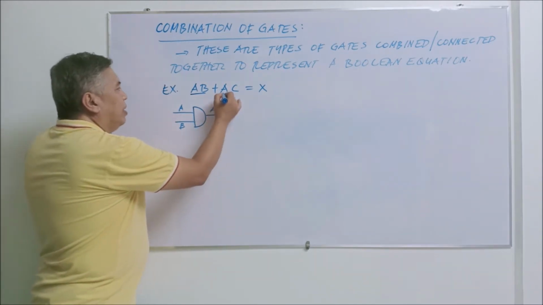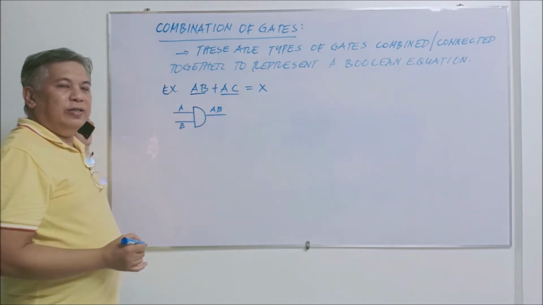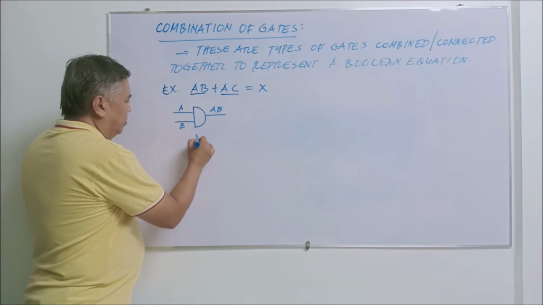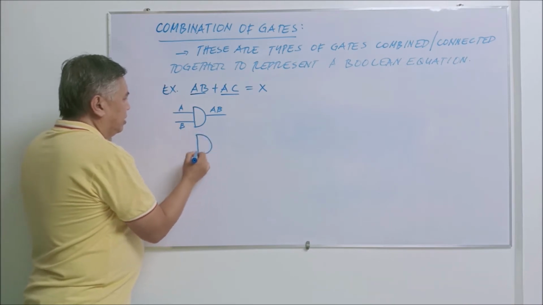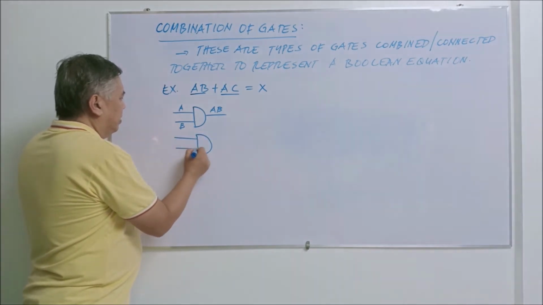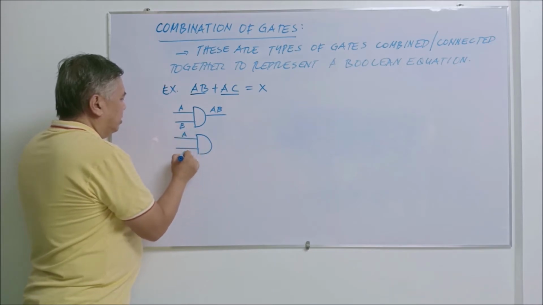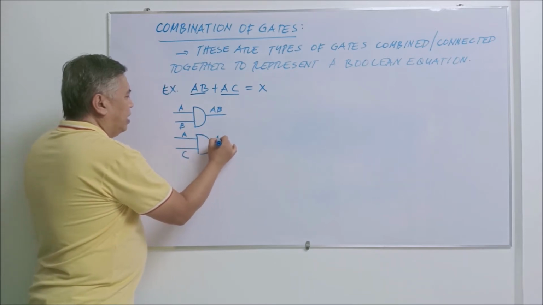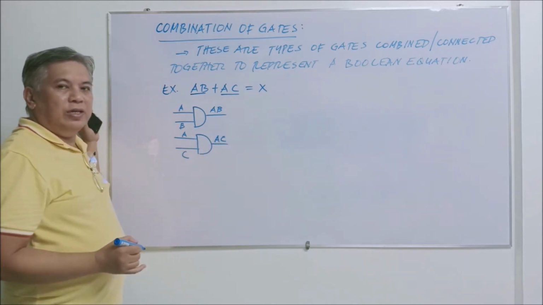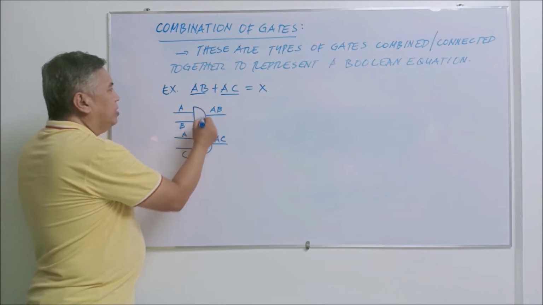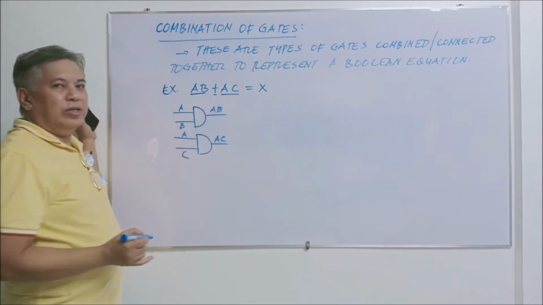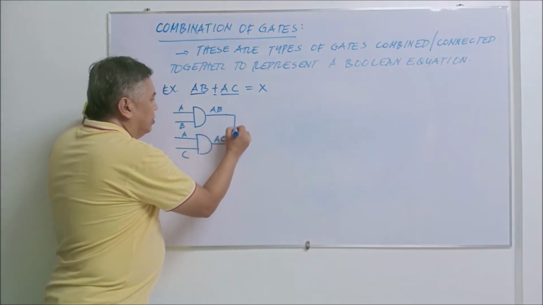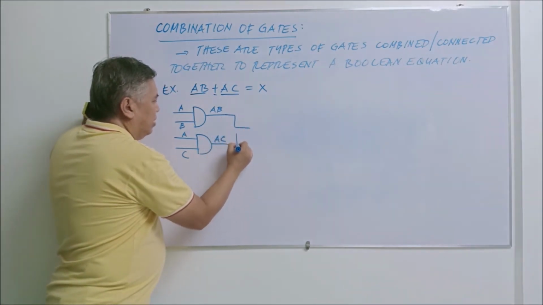And then we have another AND gate with inputs A and C. So the output of this AND gate is A times C. These two AND gates are being ORed together using an OR gate, so we draw an OR gate.